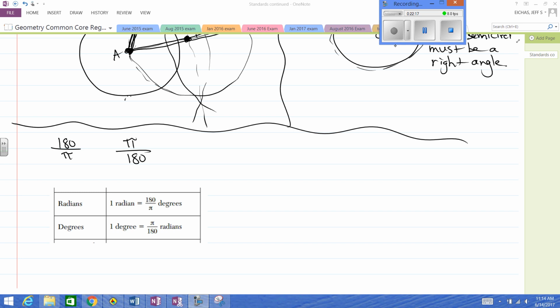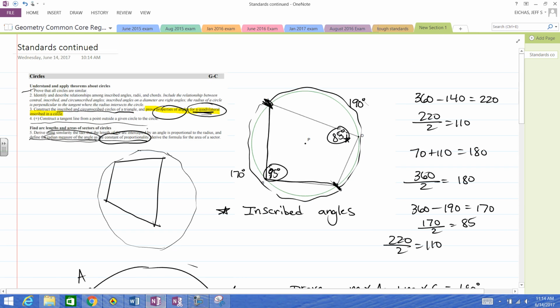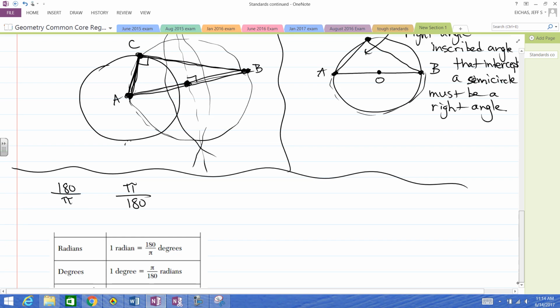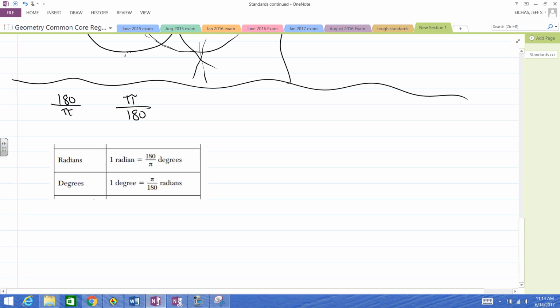I clipped this right from the reference sheet for mathematics. You get this in the back of the exam, so make sure you rip that off and use it. The constant of proportionality that they're talking about in this standard is this idea of 180 over pi. All right, let's talk about why that is the way it is.